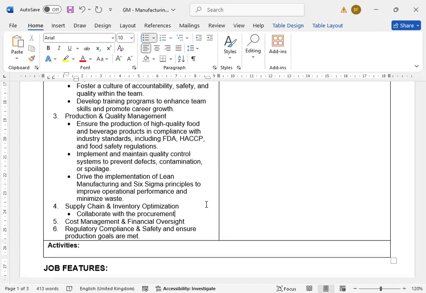So it's very important that the company has capital to provide the procurement with all the money they need to buy all the raw materials that production and manufacturing need. Okay, the procurement and logistics teams.